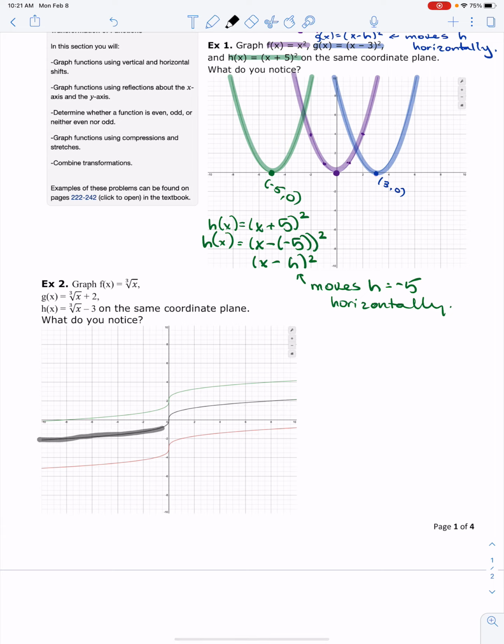Notice this hits this point, 0, 0 again. There's our anchor point. Also goes through the point, 1, 1. And negative 1, negative 1. There is our parent function. F of x equals the cube root.